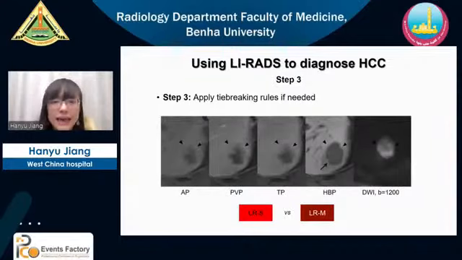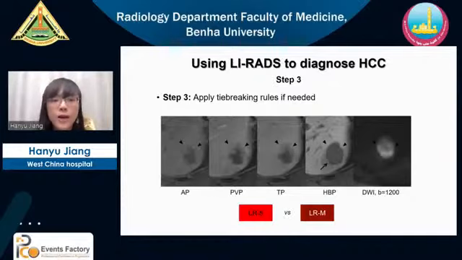Let's have a look at a case here. For this case, we may want to say it's rim APHE or it's peripheral washout, but we are not quite sure. If the observation is evaluated as rim APHE, then it should be assigned as LR-M. But if we assign non-rim APHE for the observation, it's probably an LR-5 observation.